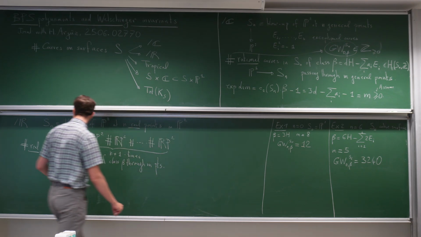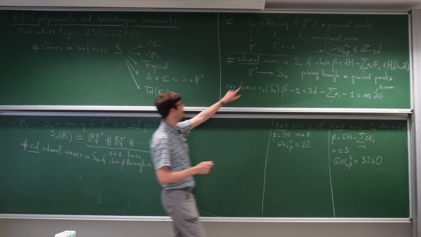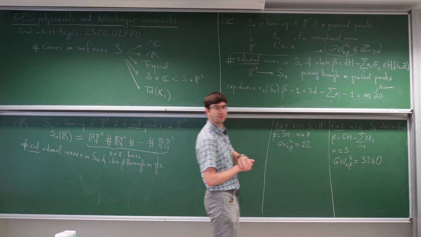And then you might want to count real rational curves. So they are maps from P1 with the standard real structure, whose real locus is RP1, mapping to this surface in a way compatible with the real structure.